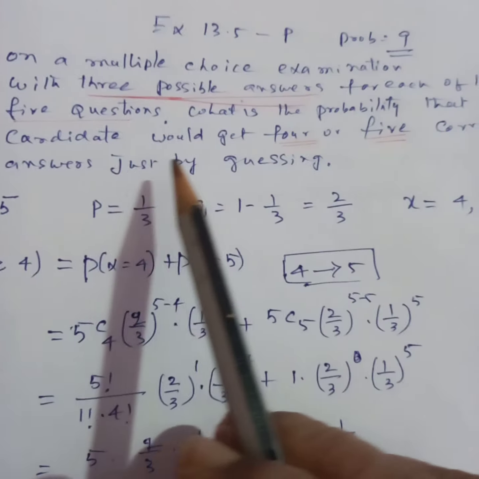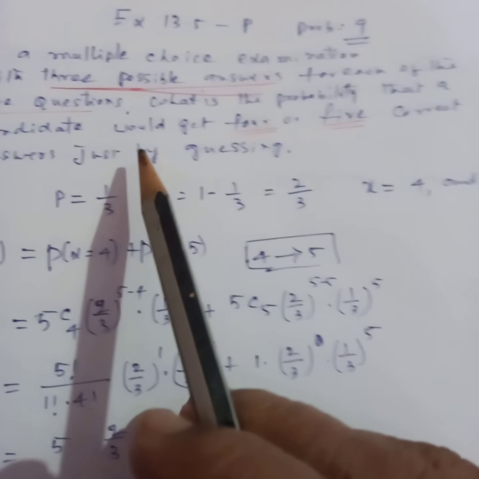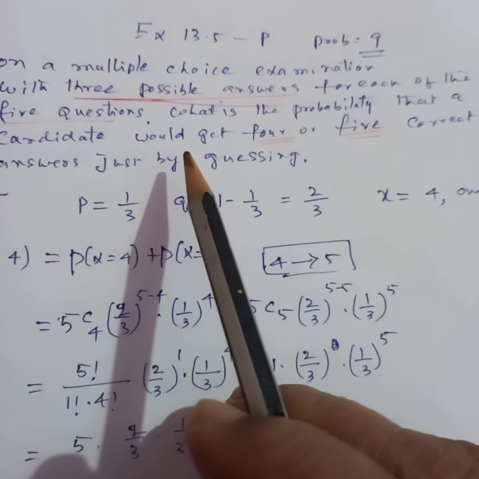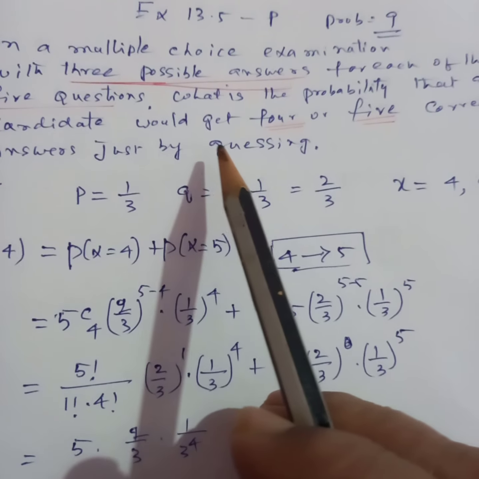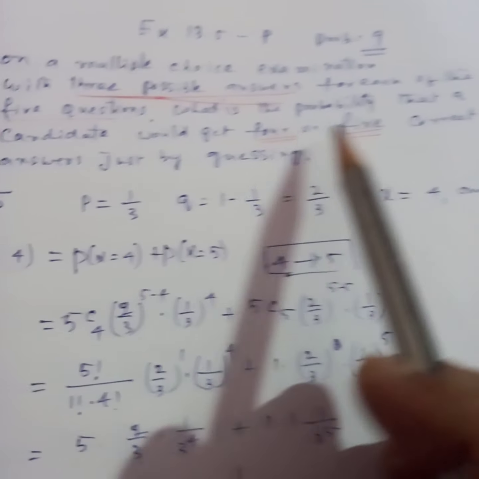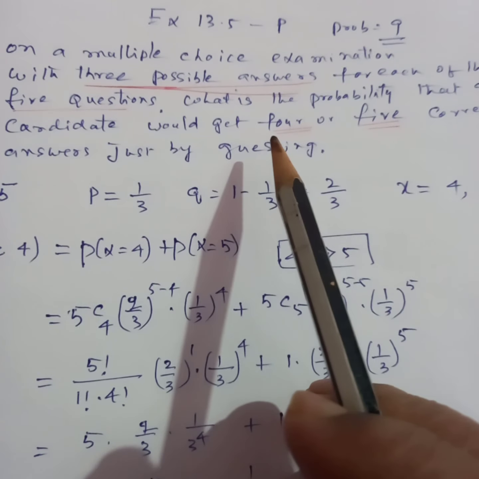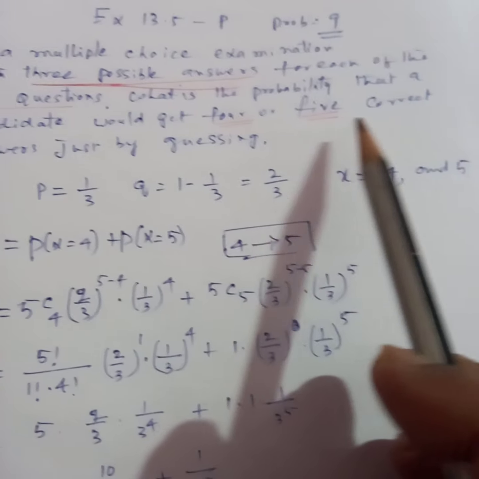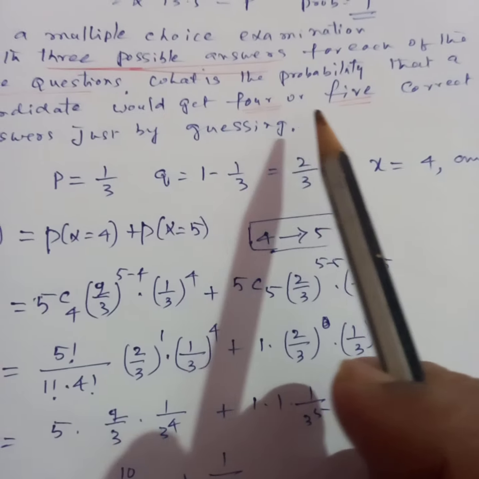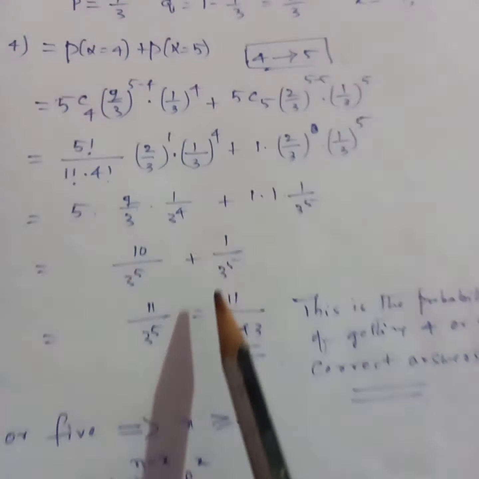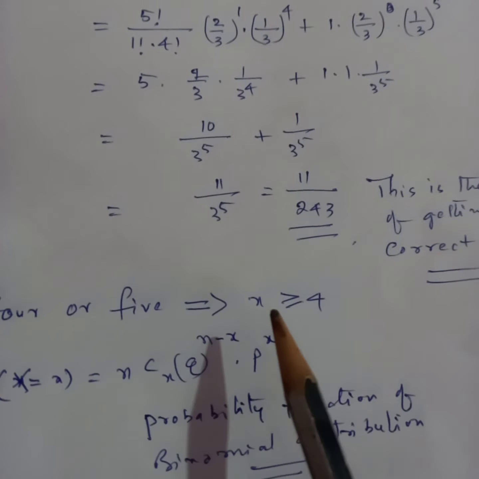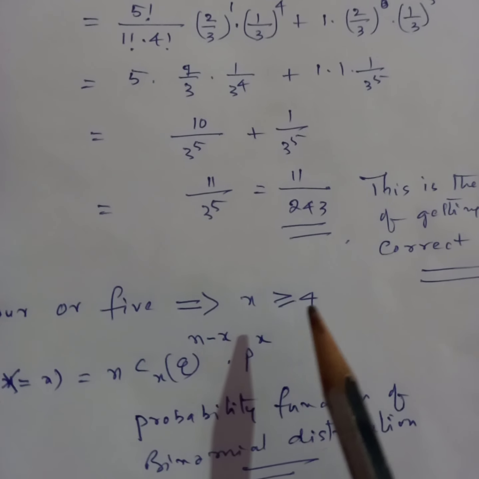Now again, the question is, what is the probability that a candidate would get 4 or 5 correct answers? 4 or 5 implies, look here, x greater than or equal to 4.